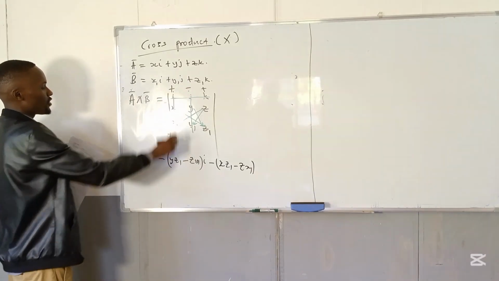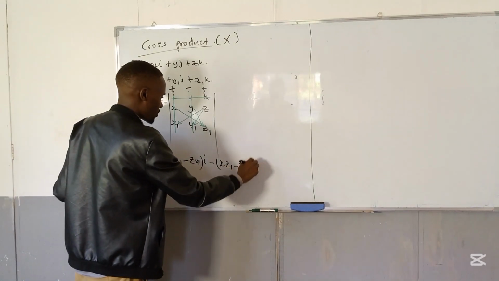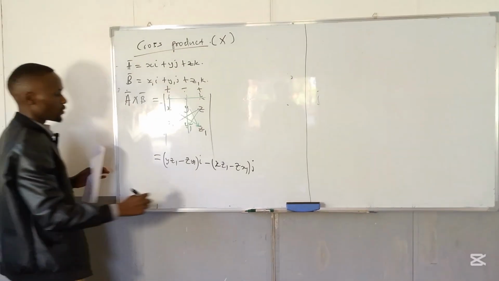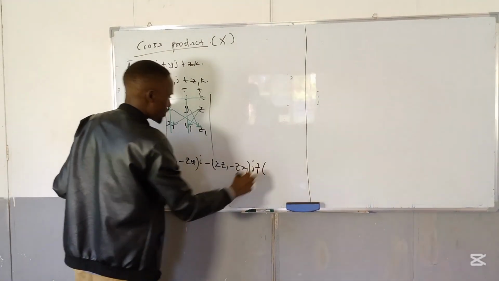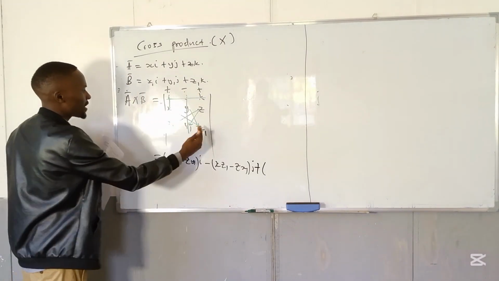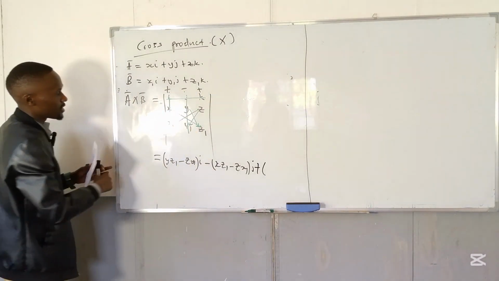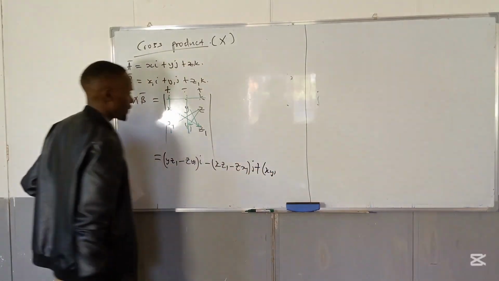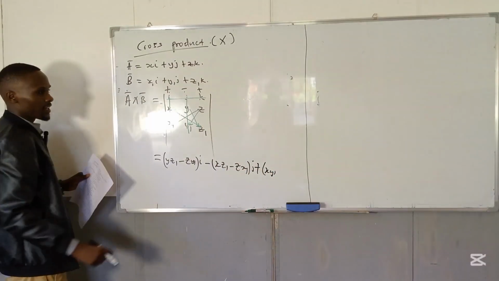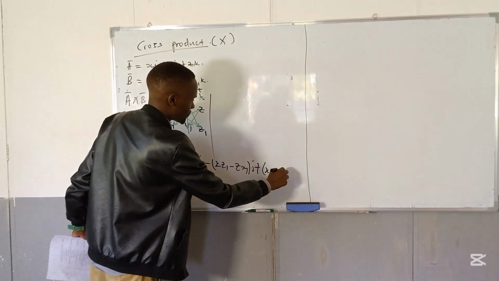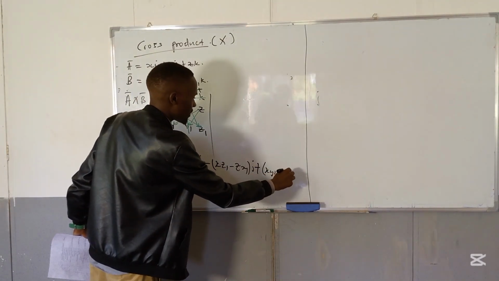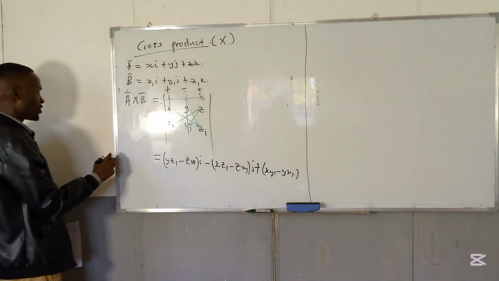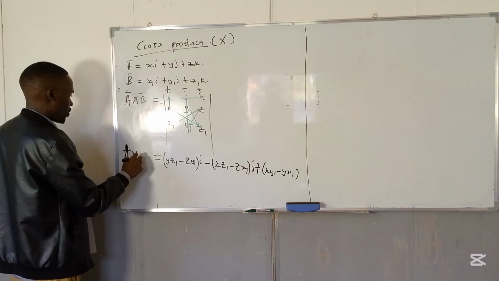Then we remember we are dealing with the J direction, so we put j outside. Then the next part is positive, so it will be plus. We do the same thing: we close this part and also this part. Then the determinant should be x y1 minus y x1. So this is the general formula for cross product.